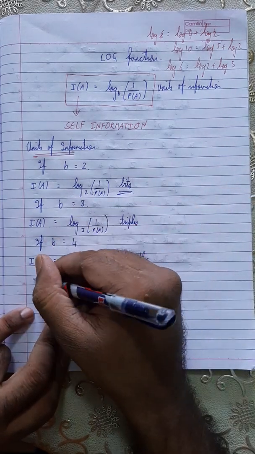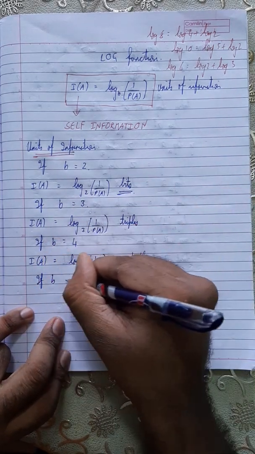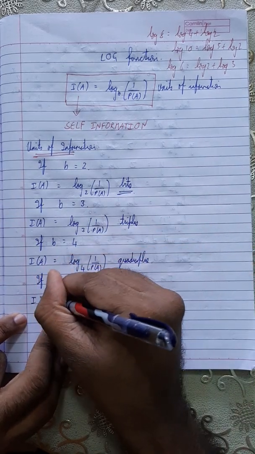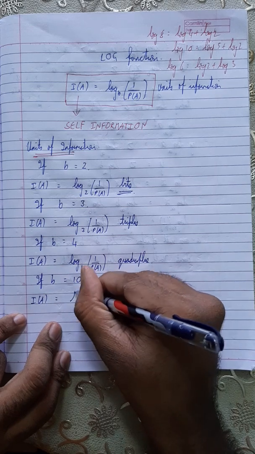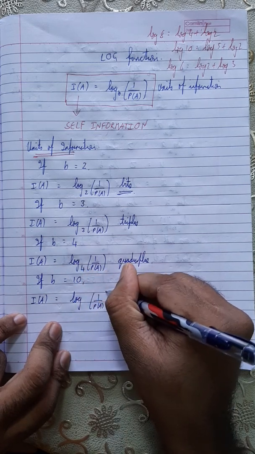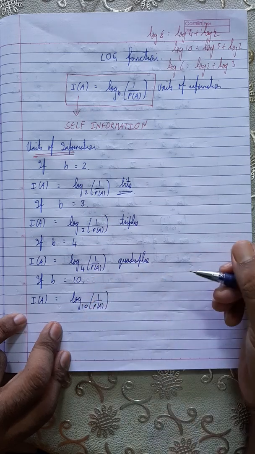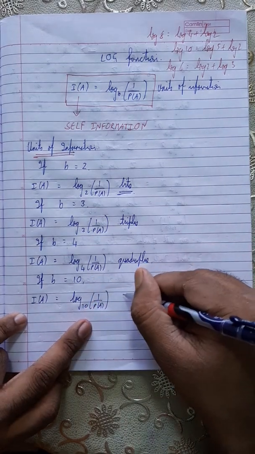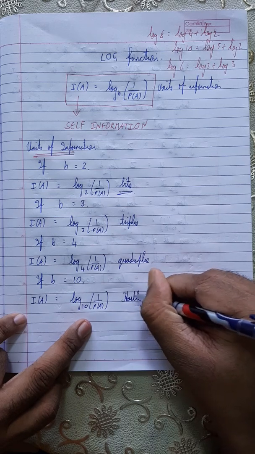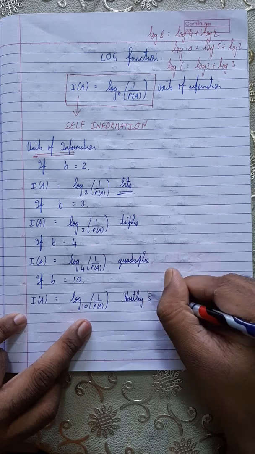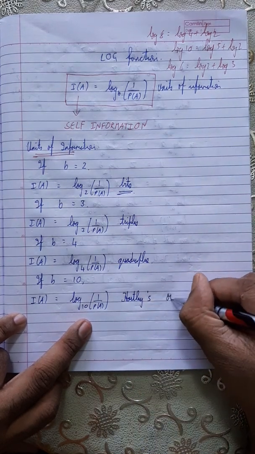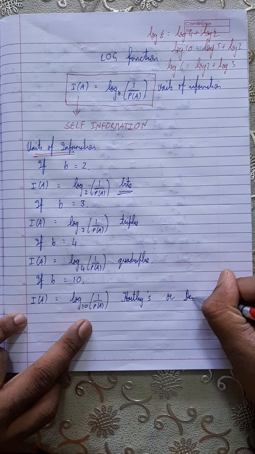And if the base is equal to 10, then I of a is equal to log of 1 by p of a to the base 10, and it is called Hartley. It's a plural, so Hartleys, also called Decits.